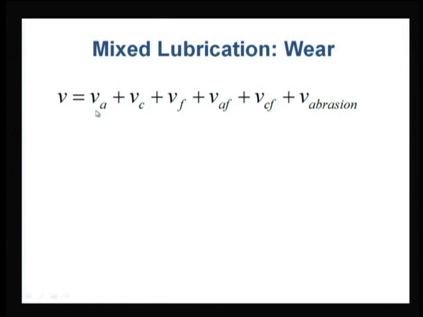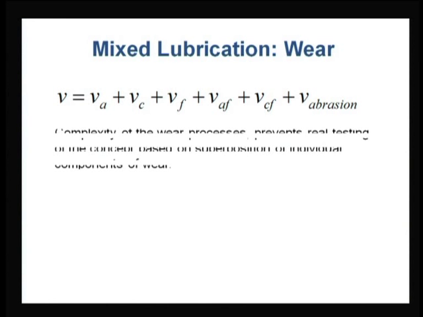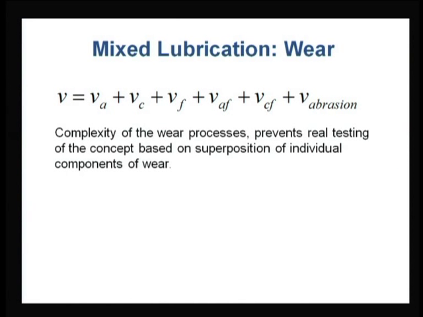Now the question comes, how many experiments will really be required to get all these parameters? A huge number of experiments are required to conclude that way. That is why it is not a very common approach. Of course, this is an ideal approach, but it is not common because of the complexity of wear processes. Predicting the result with 100% accuracy from a wear experiment is still not possible, except at the nano level.